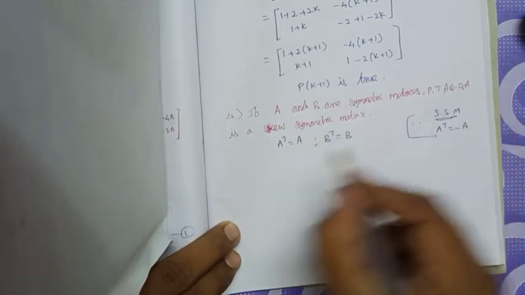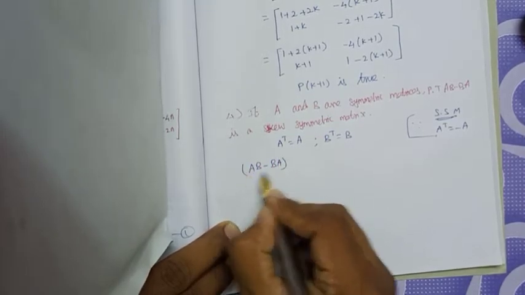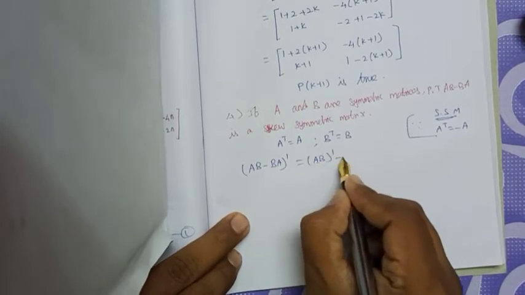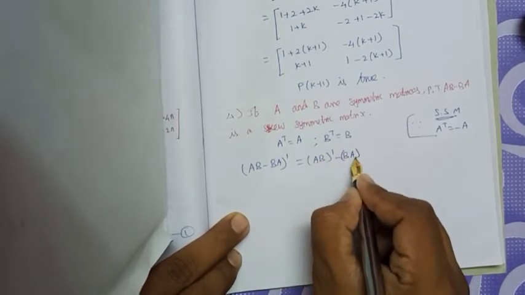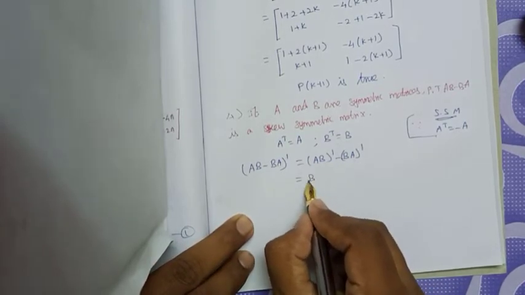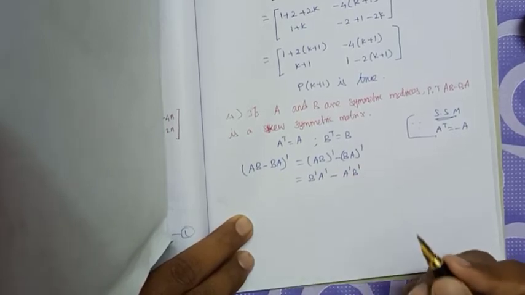Now take transpose on this, AB minus BA transpose, which is equal to AB transpose minus BA transpose, and applying reversal law for transpose, we get B transpose into A transpose minus A transpose B transpose.